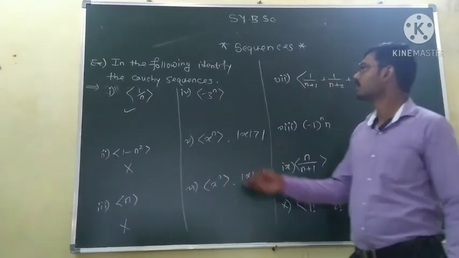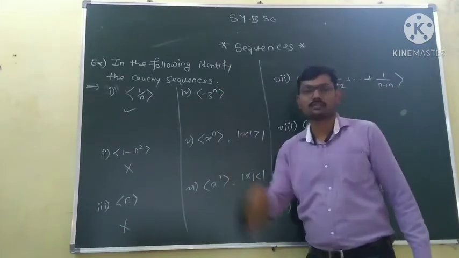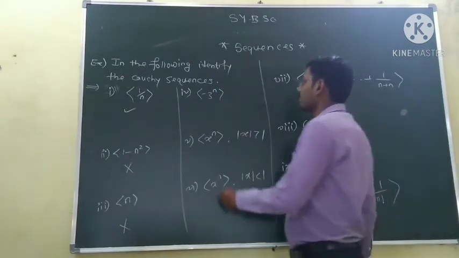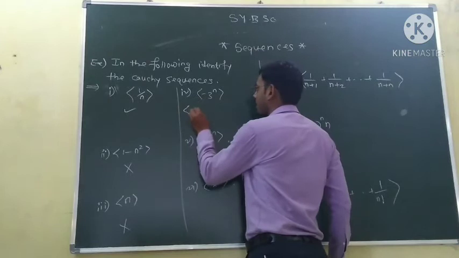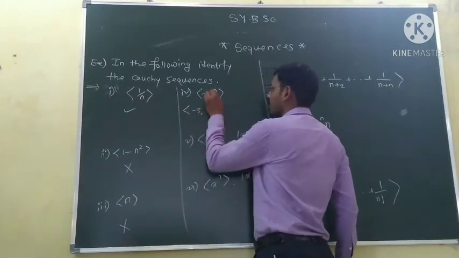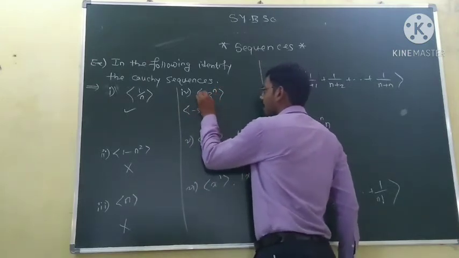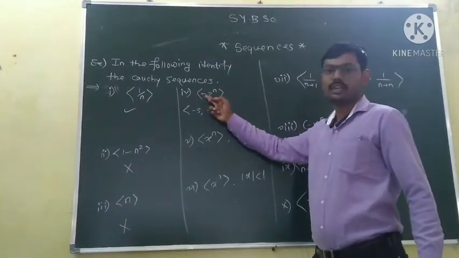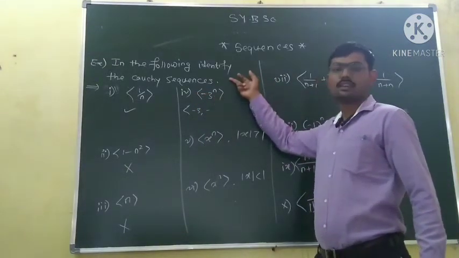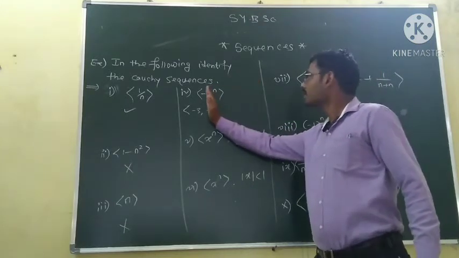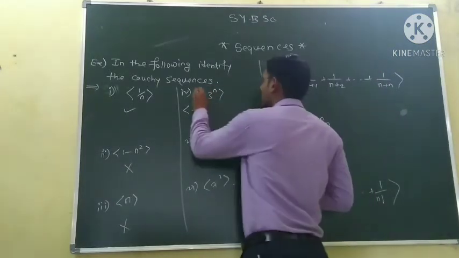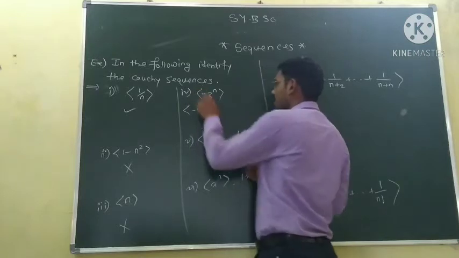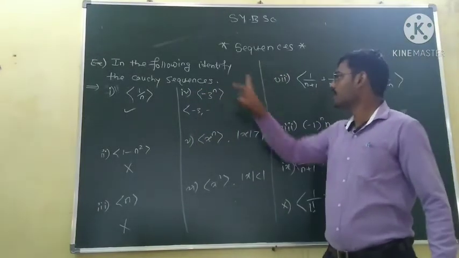Then the sequence minus 3 raised to power n. The elements of the sequence look like minus 3, minus the square of 3, and so on. The minus sign is outside: this is not minus 3 raised to power n, the minus is attached to the value of 3 raised to power n.